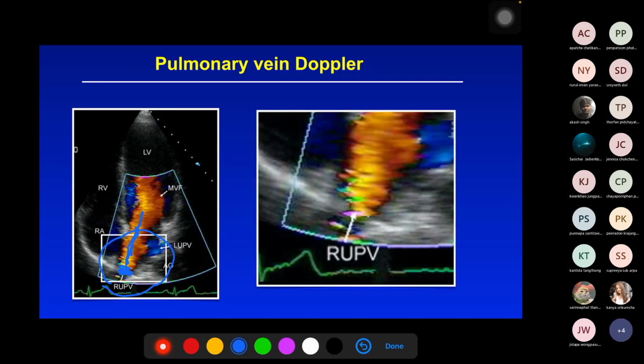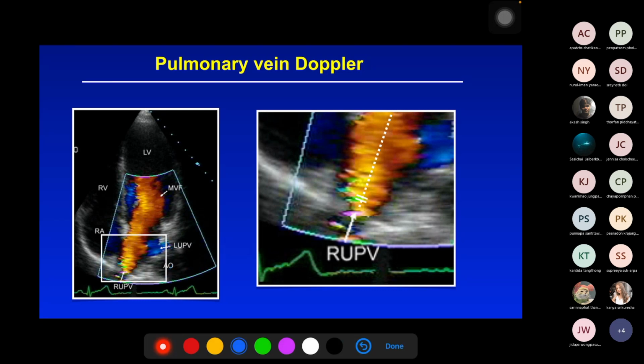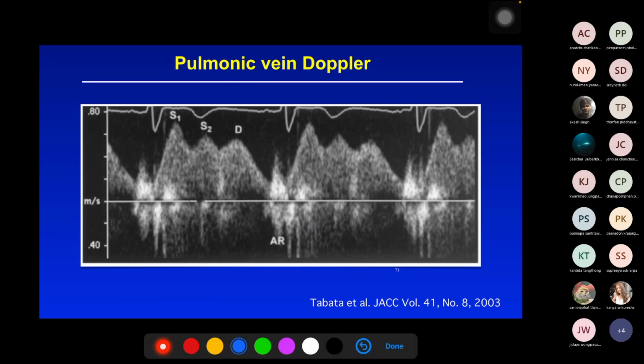Zoom in and press the sample volume. When you press the pulsed wave Doppler, PW, you get this Doppler image of the pulmonary vein.